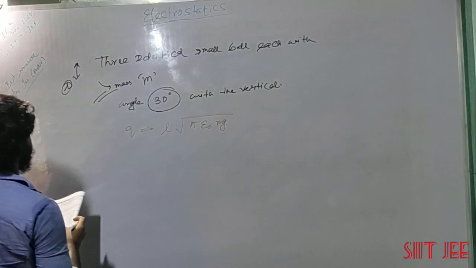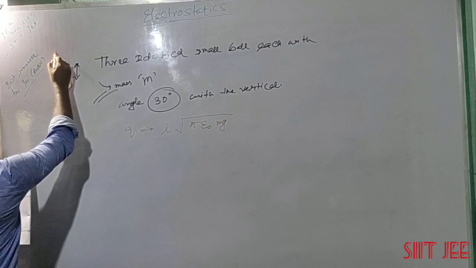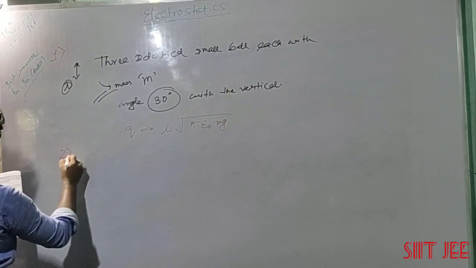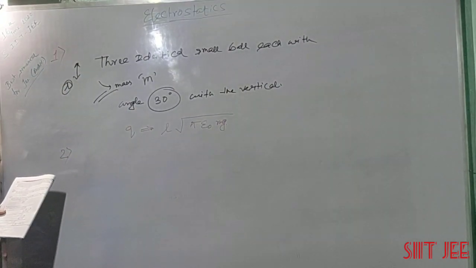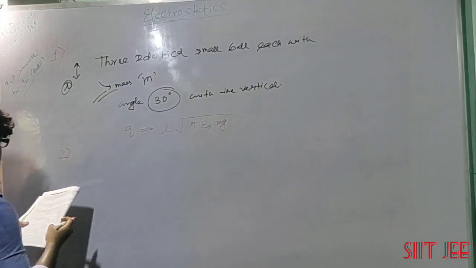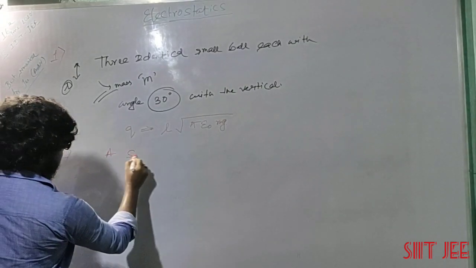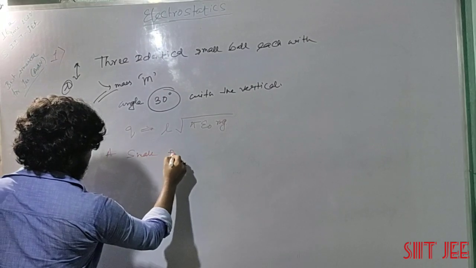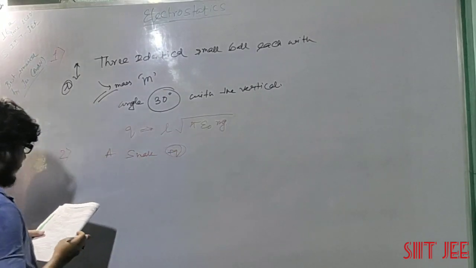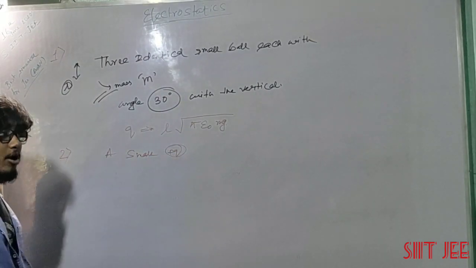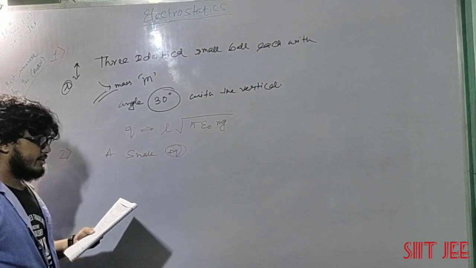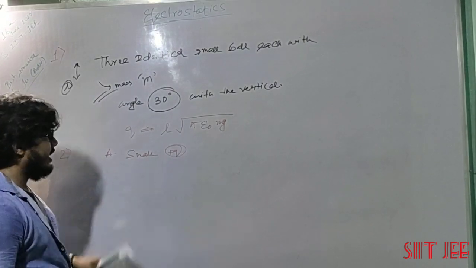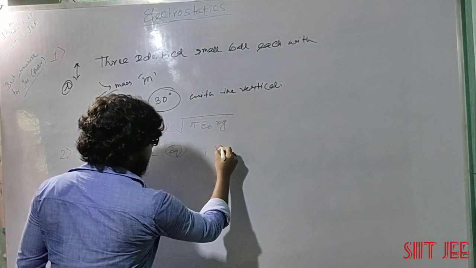And the second concept, especially for KVPY: a small charge Q is distributed uniformly on an insulating ring of radius r.